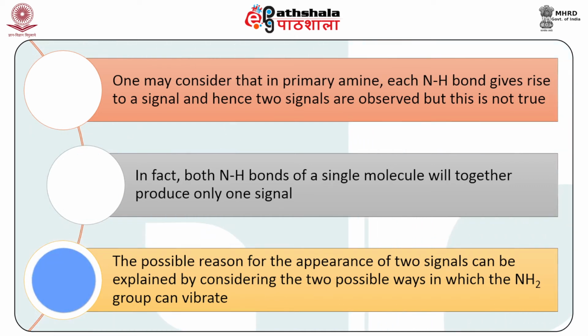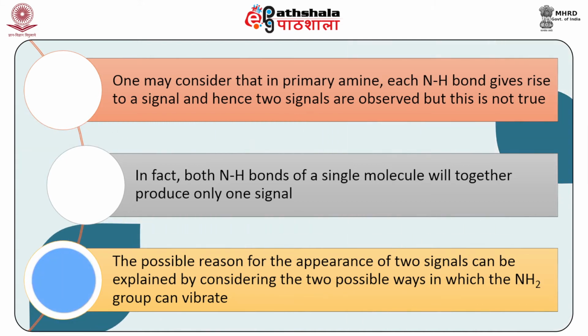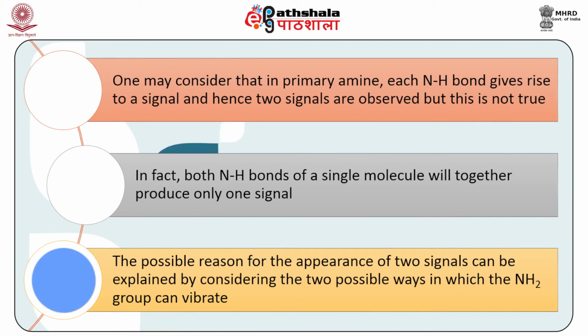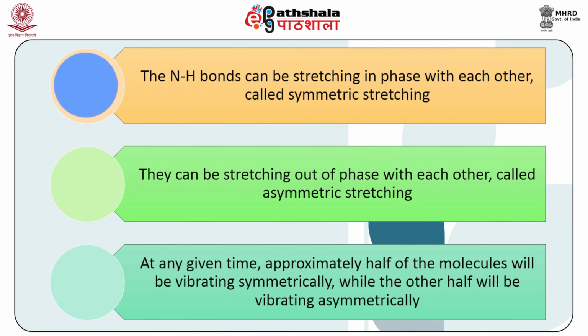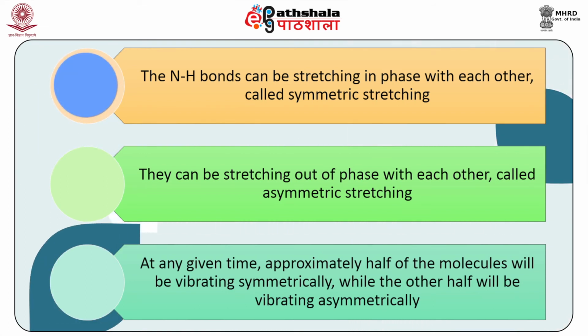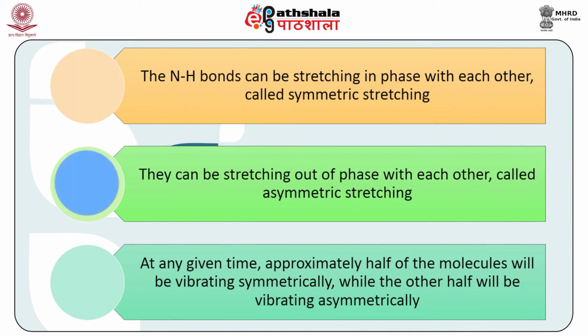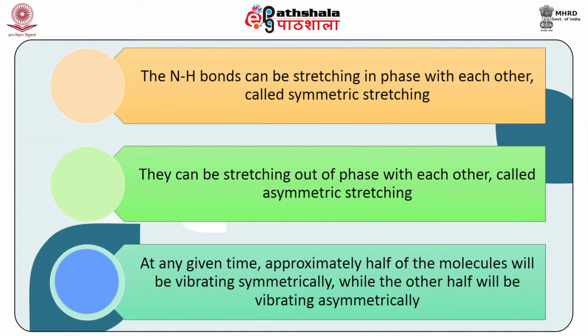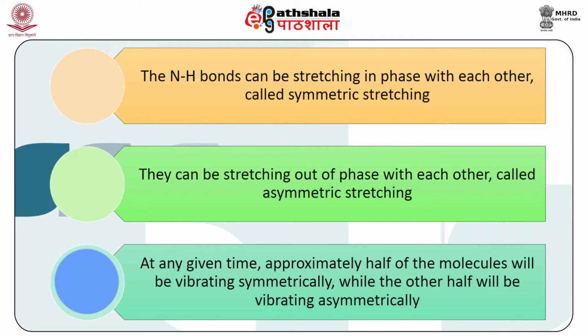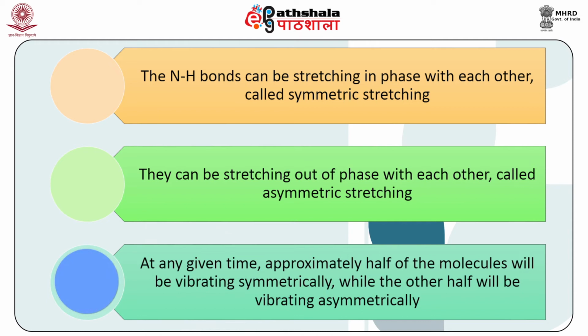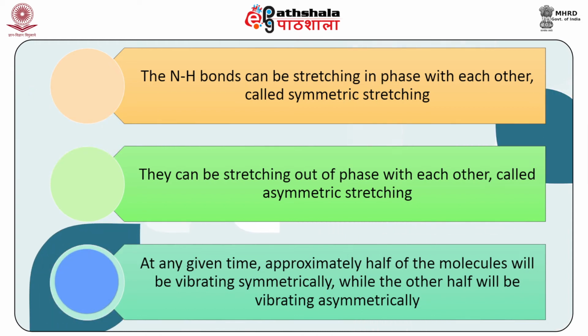The possible reason for the appearance of 2 signals can be explained by considering the 2 possible ways in which the NH2 group can vibrate. The NH bonds can be stretching in phase with each other, called the symmetric stretching, or they can be stretching out of phase with each other, also known as asymmetric stretching. Thus, at any given time, approximately half of the molecules will be vibrating symmetrically, while the other half can be vibrating asymmetrically.